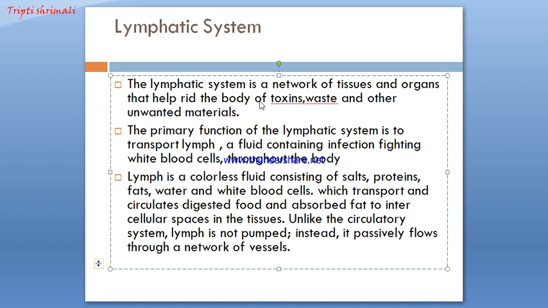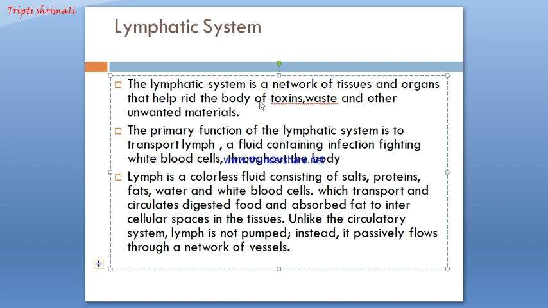What organs are we talking about? We are talking about tonsils, spleen, Peyer's patches. These are the organs of the lymphatic system, and their main function is to help the body get rid of toxins and other waste unwanted materials out of the body.